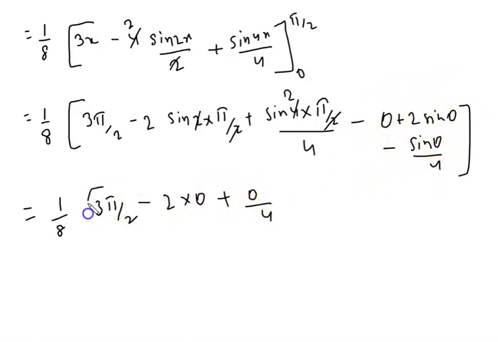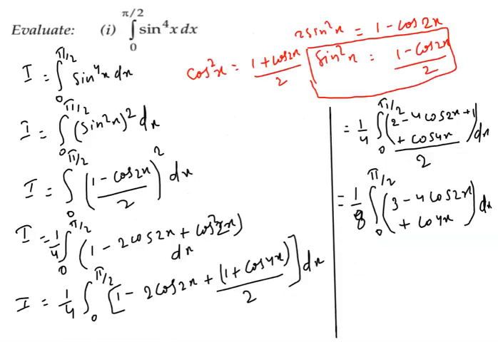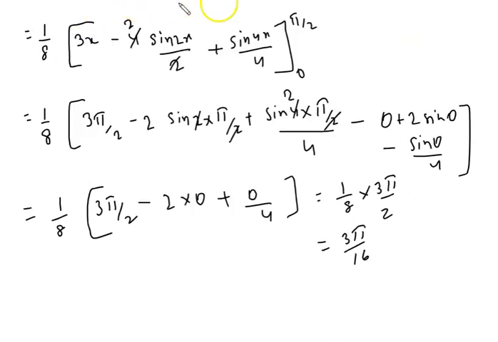So we can directly write 1 by 8 into 3 pi by 2. After multiplying we get 3 pi by 16. So 3 pi by 16 will be the correct answer, guys. Are you getting my points? So thank you, guys.